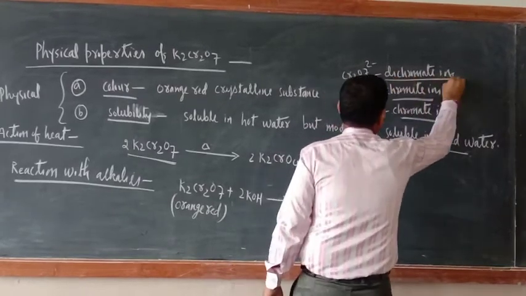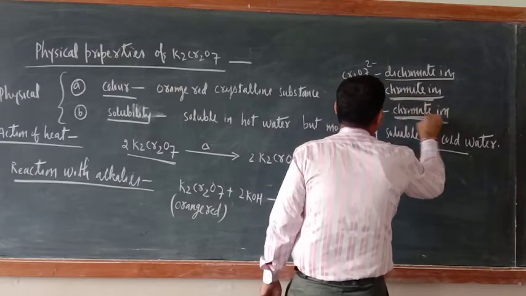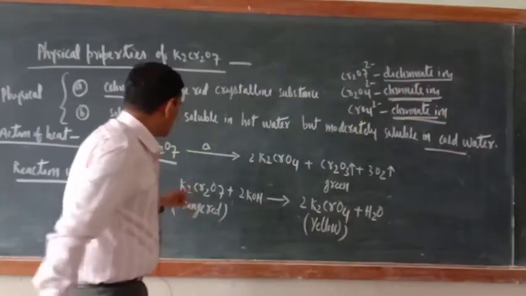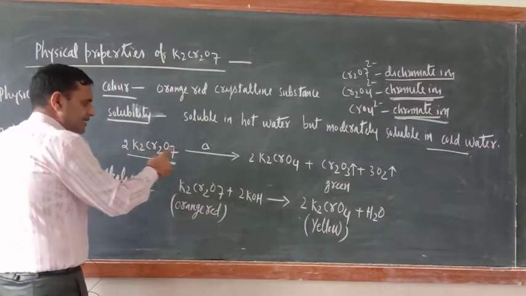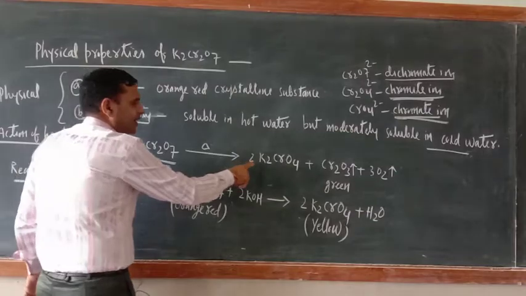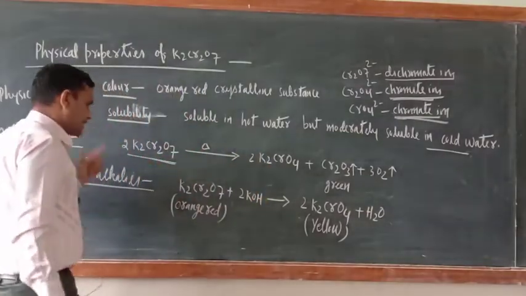Remember this. So just see here, potassium dichromate upon heating is converted into potassium chromate. Always remember, just develop this habit.